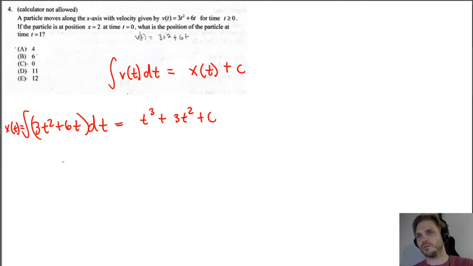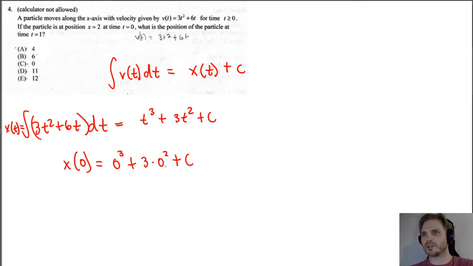And we're told that at t equals 0, our position is going to be 0 cubed plus 3 times 0 squared plus c. And we're told that this thing is equal to 2. So this is 0, this is 0, so c equals 2.